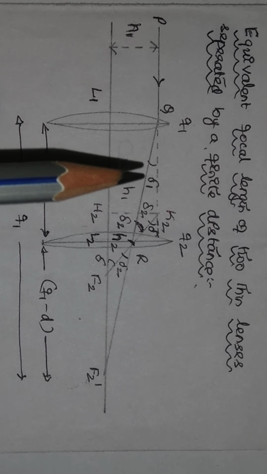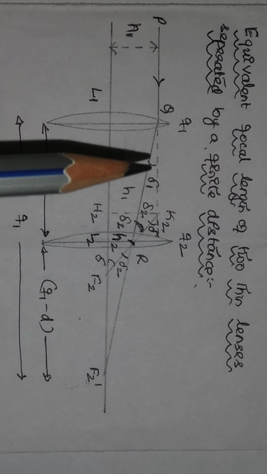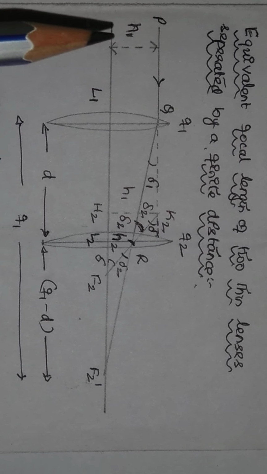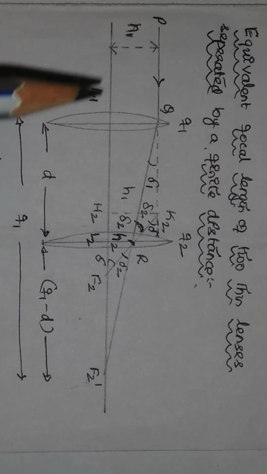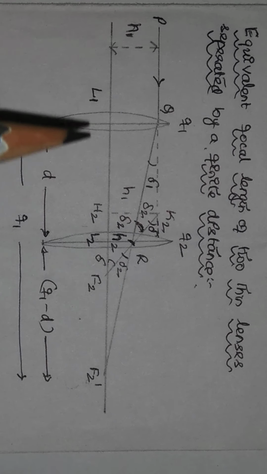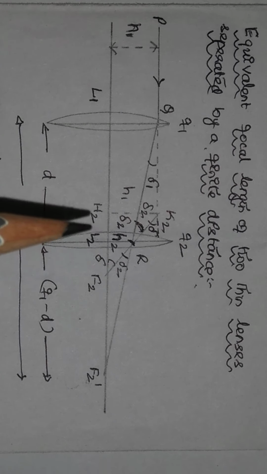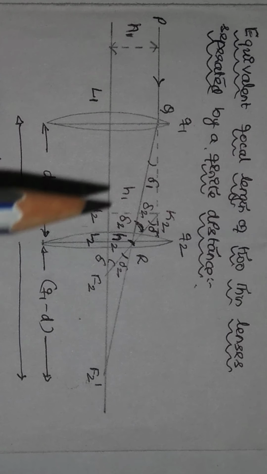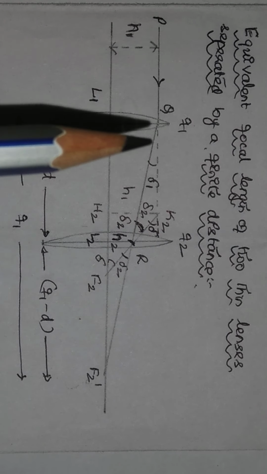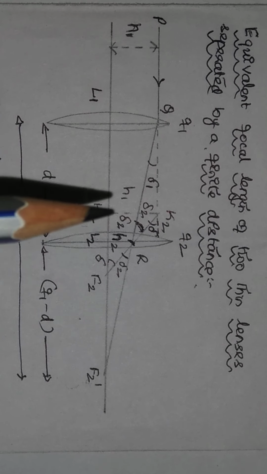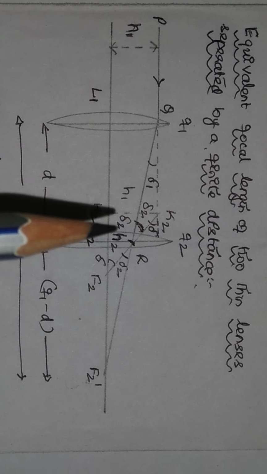Now, what is this deviation delta 1? The deviation delta 1 is defined as height by focal length, that is given by h1 by f1. At the same time, when we introduce the lens L2 of focal length f2, the ray which is incident on the lens is QR, which is incident at a height equal to h2.